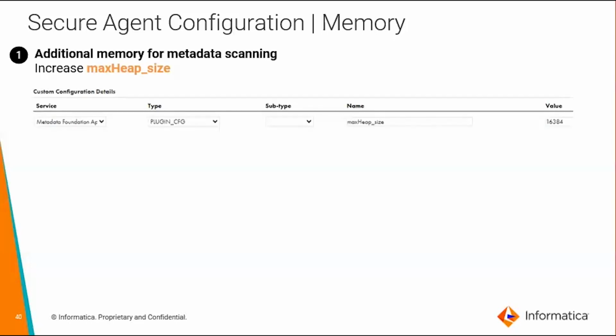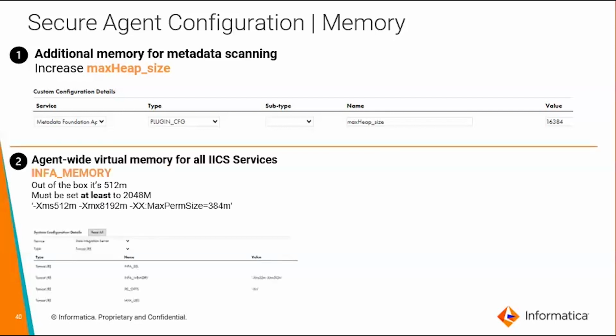The first setting is the max heap size for the MFA, or Metadata Foundation agent. That agent is responsible for extraction and processing of the metadata, and it can get quite large at times. Specifically, my peers and I have had experience where this needed to be increased for some Snowflake sources.